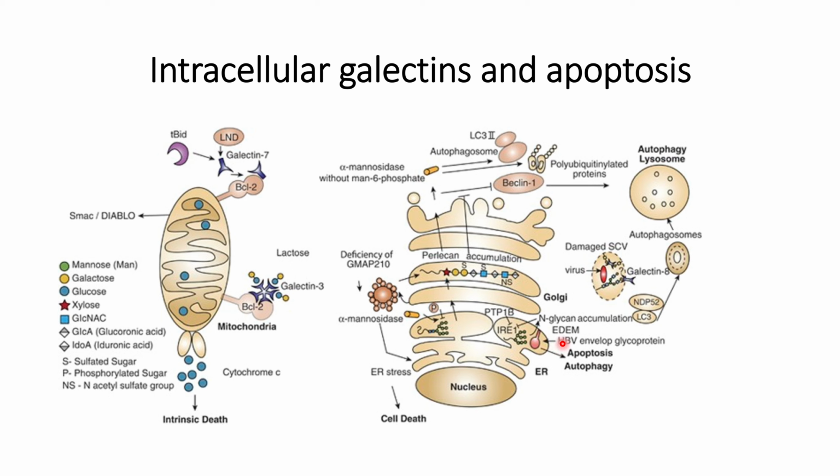Dysregulation of these enzymes will increase ER stress because of the increase in misfolded proteins within the ER, and one of the pathways that might get triggered is the apoptotic pathway, and this apoptosis will lead to cell death.